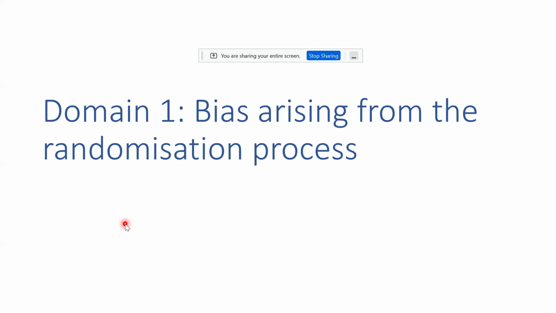If the trial has not been randomized, then we need to use other tools. So now that we have decided to use the RoB2 tool, we first need to assess domain one, which is the bias arising from the randomization process.